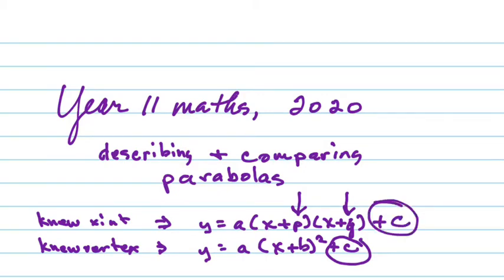We're also going to talk about changing these parabolas, moving them around a bit so that we can describe them and compare parabolas and see what's different about them. Okay? So we're going to go back to all the things that we've talked about with parabolas and how we can compare them and how we can describe those two parabolas in context, right?